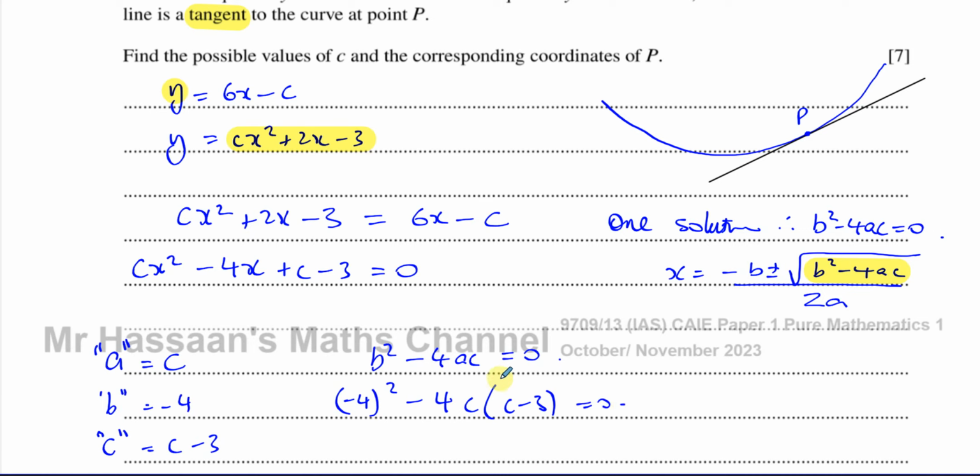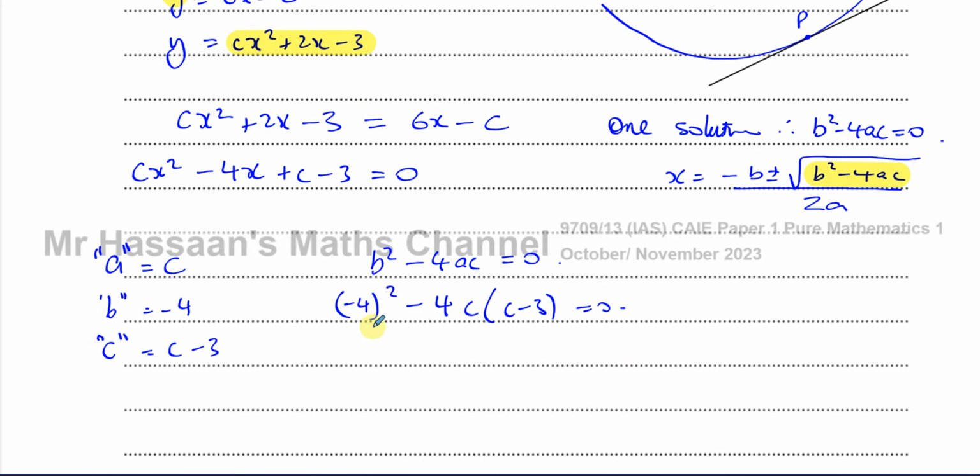All right, so if we solve this, you have minus 16, that'll be positive 16, minus 4c squared plus 12c equals 0, because minus 4c times minus 3 is plus 12c. So we have a quadratic equation in c, and we can make it a bit simpler.